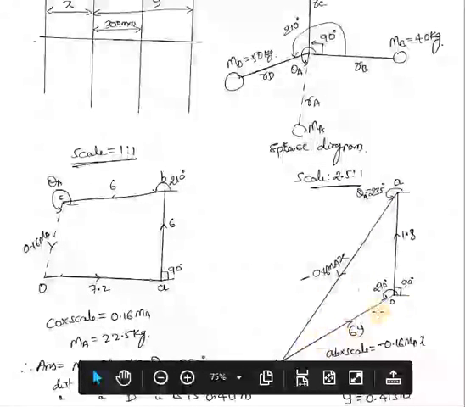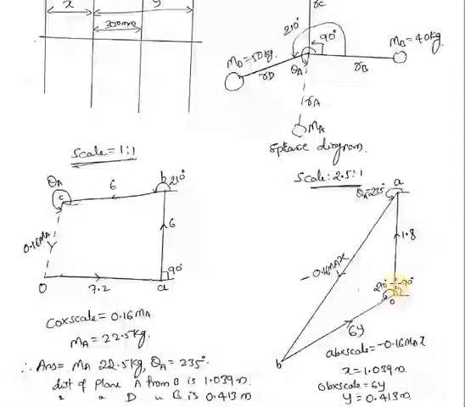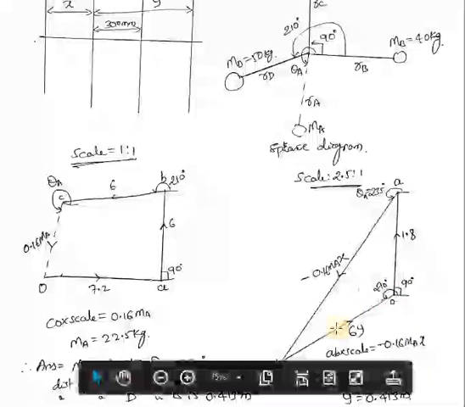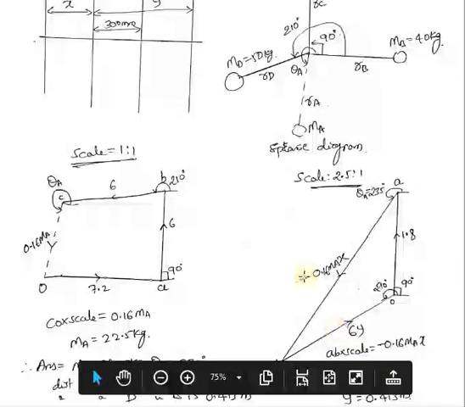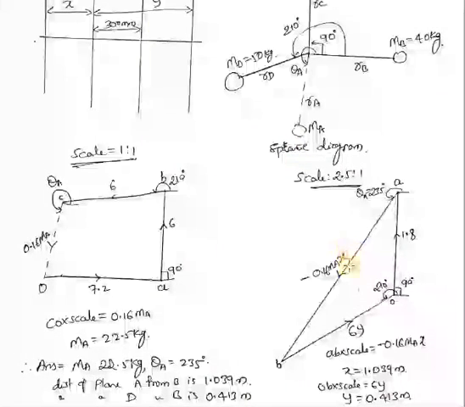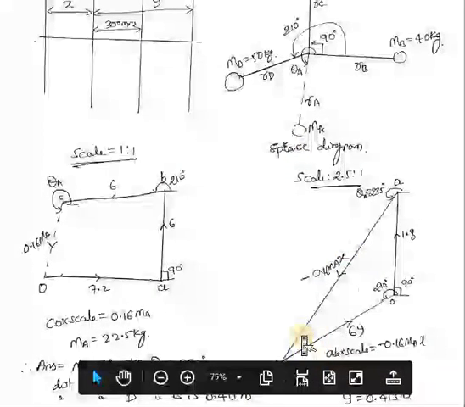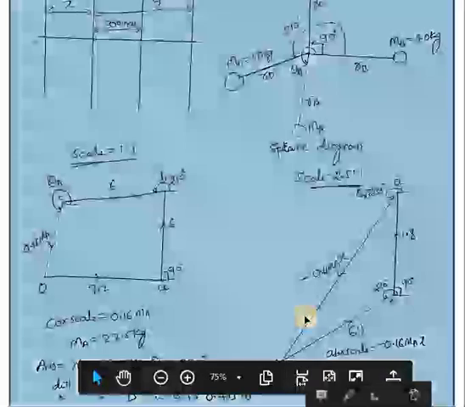Okay. Then from this point, draw a line of random length which makes an angle 210 degree. This line. Wherever these two lines intersect, that point is going to be your B.